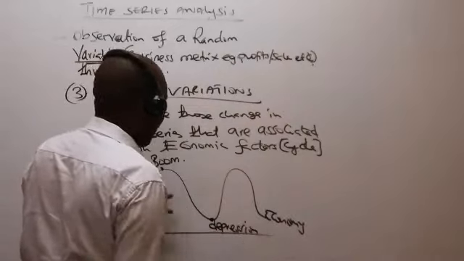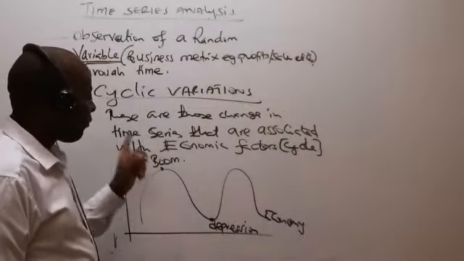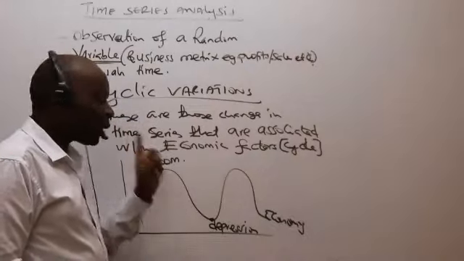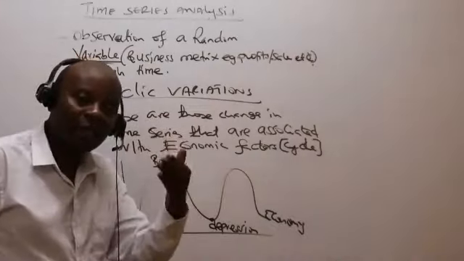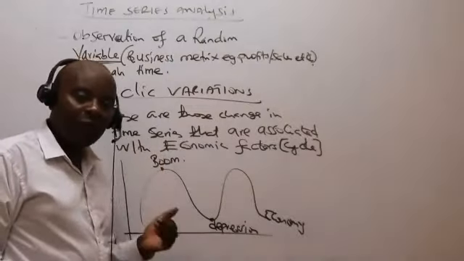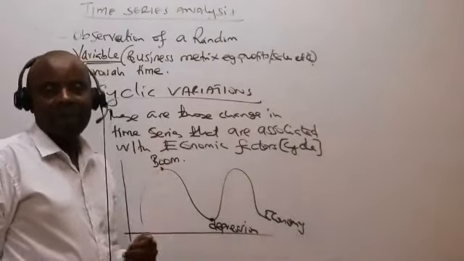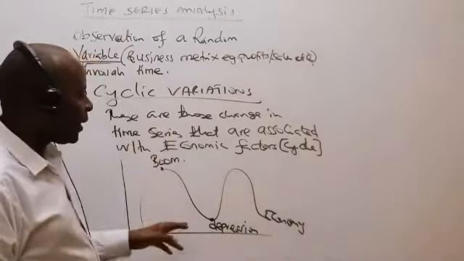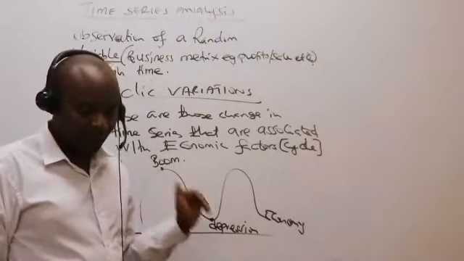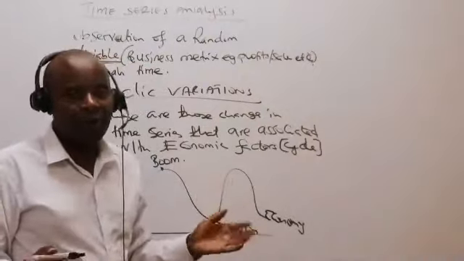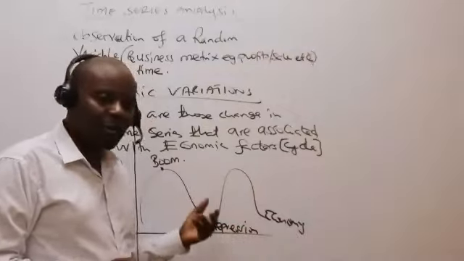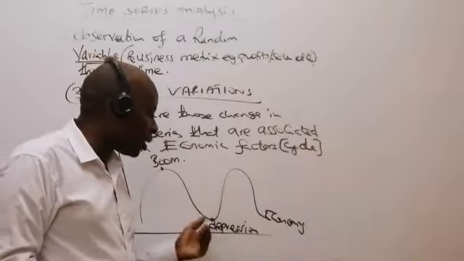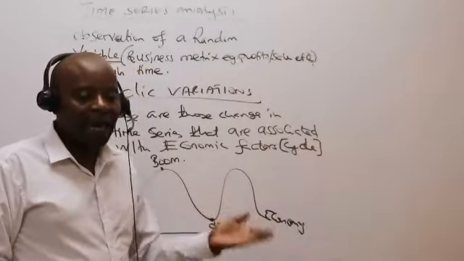So when the economy is performing very well, booming up there, then automatically we expect also our time series like sales to increase, because people will be having some economic empowerment. People will be having the power to purchase. When the economy is at depression, like now the economy of Kenya is at depression, basically because of the corona thing, people do not have purchasing power. You will get businessmen complaining, ladies and gentlemen, that we can't sell.